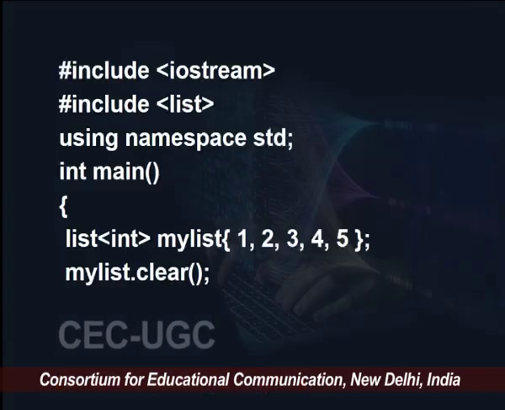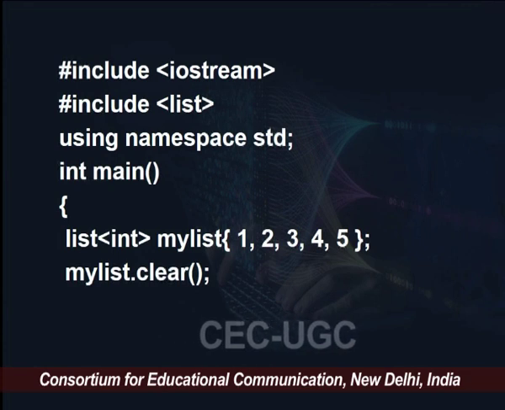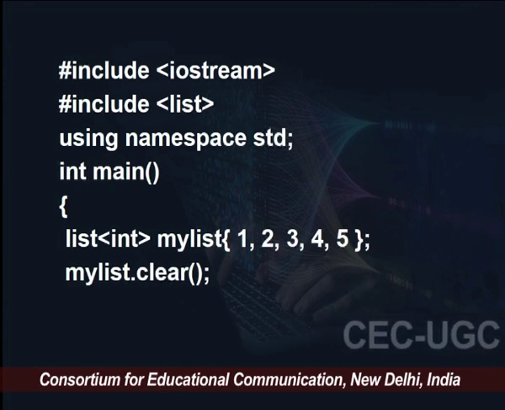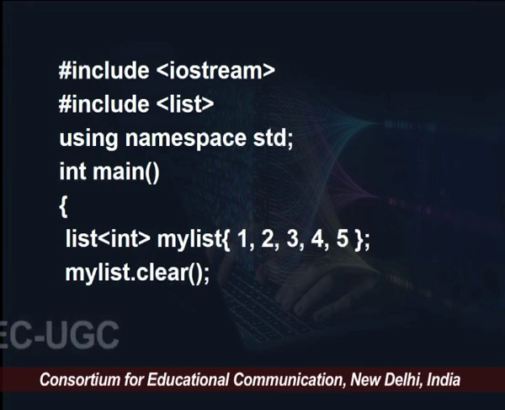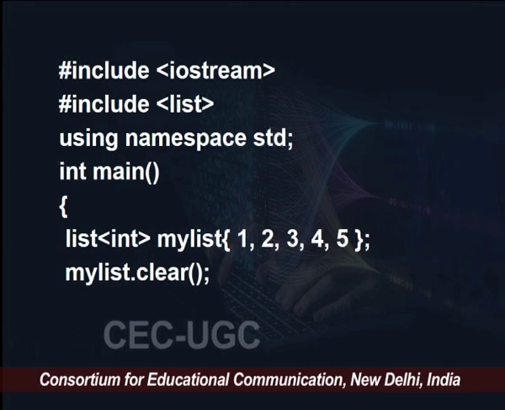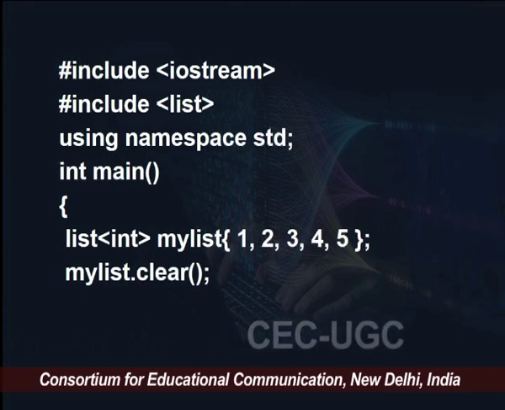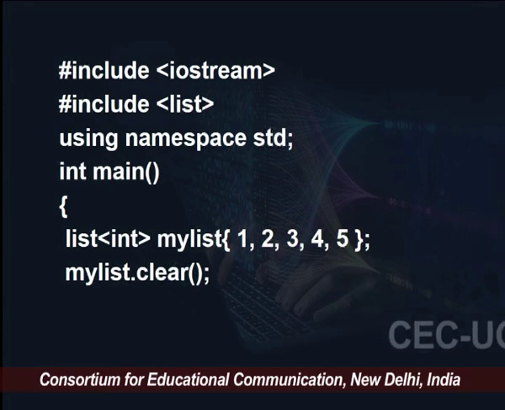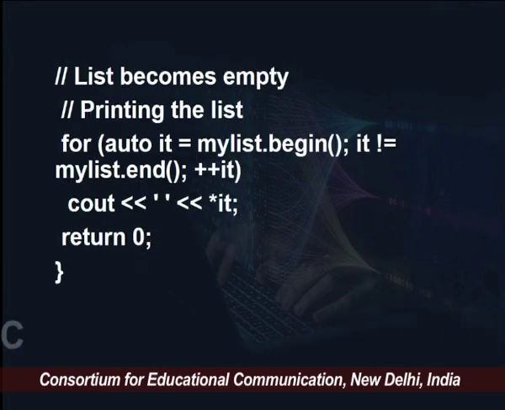This is one of various ways of initializing the list container along with its declaration. List within the angle brackets takes the type, because we are using templates. This is integer, and my list is the new list with the elements 1, 2, 3, 4, 5. If we say my list dot clear, all the elements will be deleted and the list will become empty.